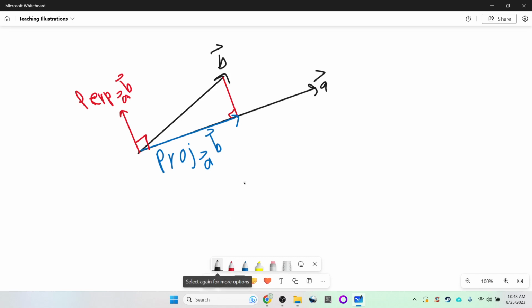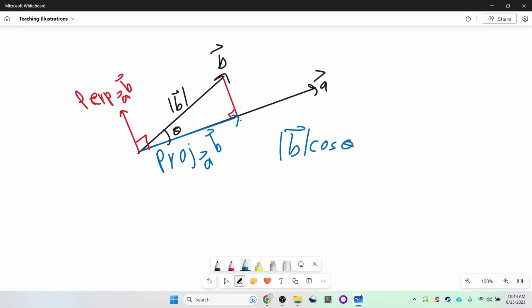So what's a formula for this projection? Well, let's first figure out how long it is. If we call this angle theta, then our trigonometry says the length of this vector would have to be the length of B times cosine of theta.